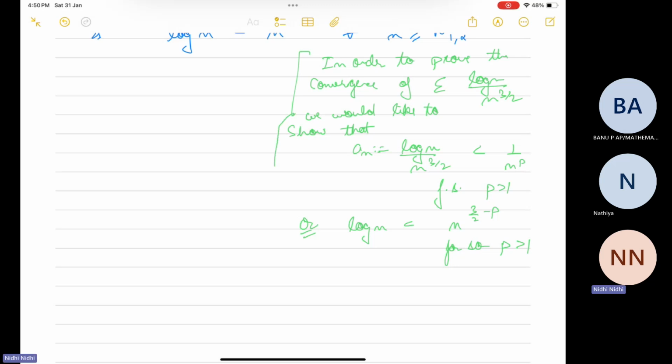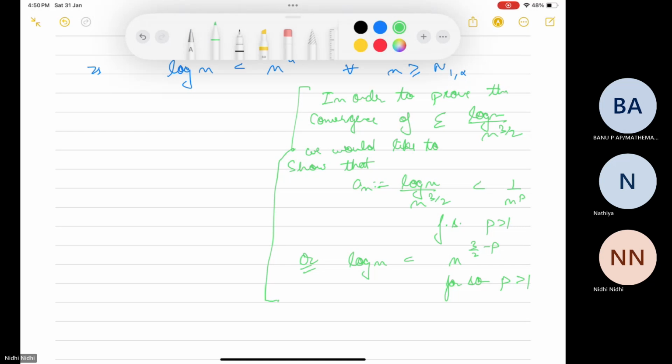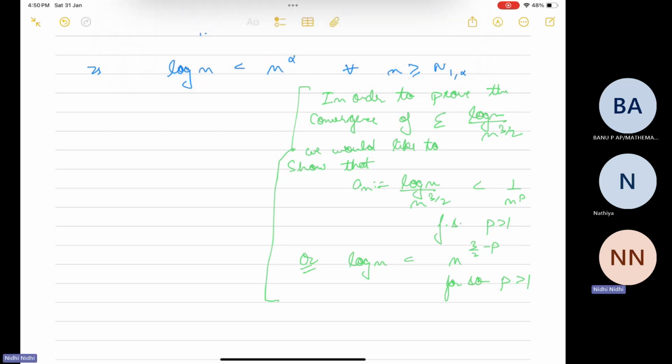So let's see how this p greater than 1 will come. And we have log n strictly less than n to the power alpha for all n greater than equal to n1 comma alpha.